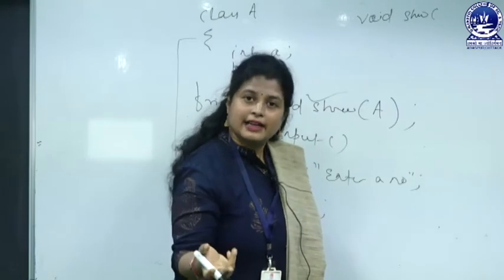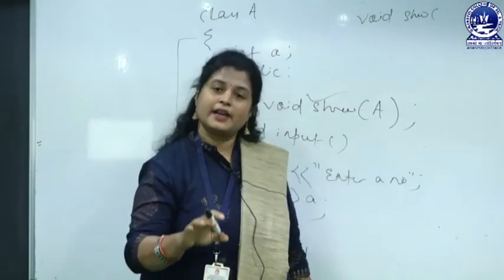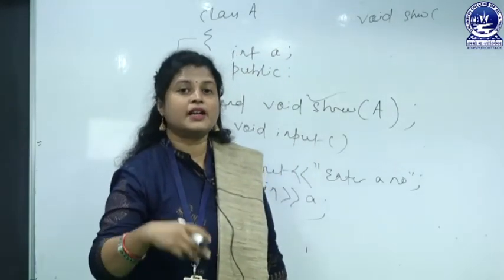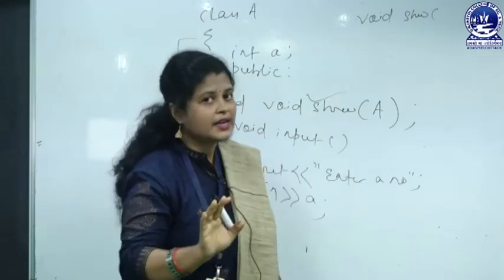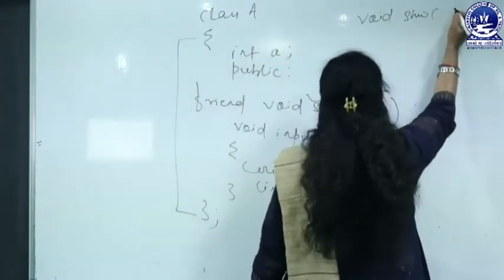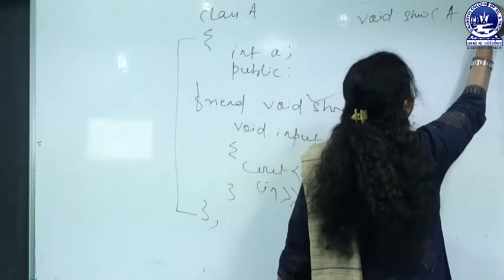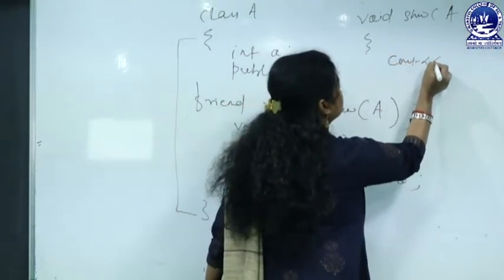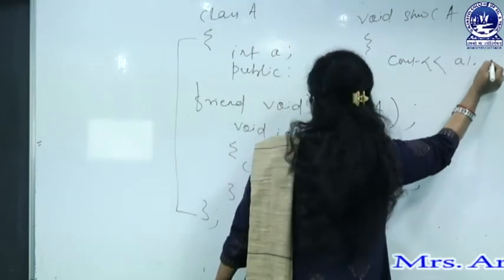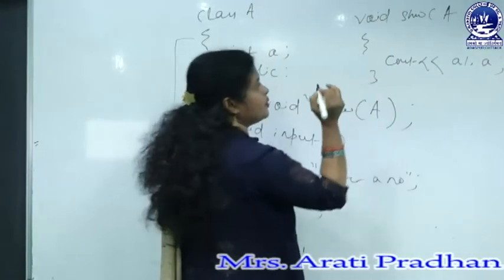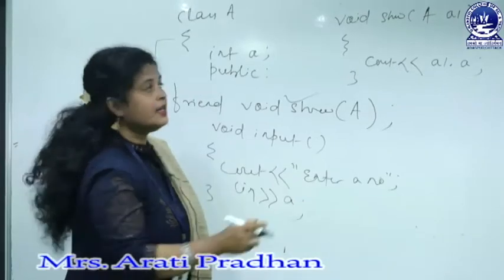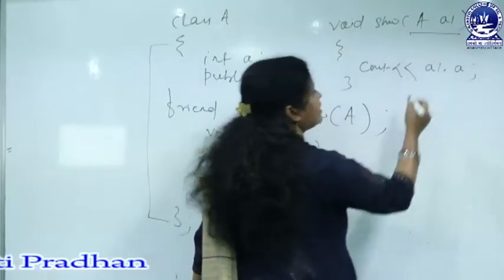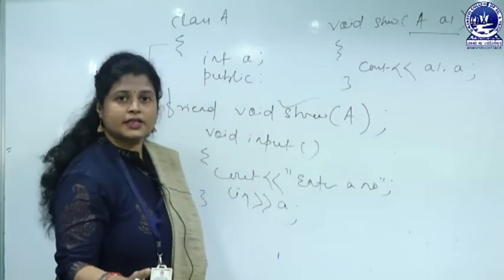When you are declaring the friend function, the friend keyword is required, but when you are defining it, the friend keyword is not required. So A1, then cout, suppose A1 dot a. Very simple program I have written here. What is the meaning of A1? A1 is the object.